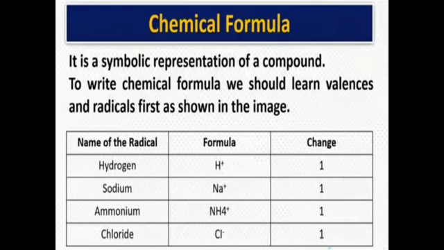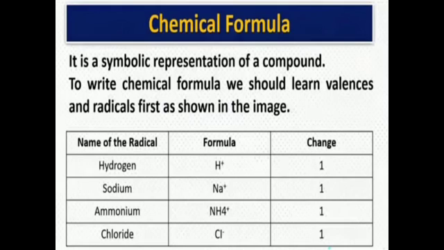So Cu, copper, and oxide O. Here oxygen, chlorine and sulfur are all non-metals, so they are always written on the right, whereas calcium, sodium, iron and copper are metals, so they are written on the left. Just remember one thing: when metal and non-metal are both present in the compound, the metal is always written first.